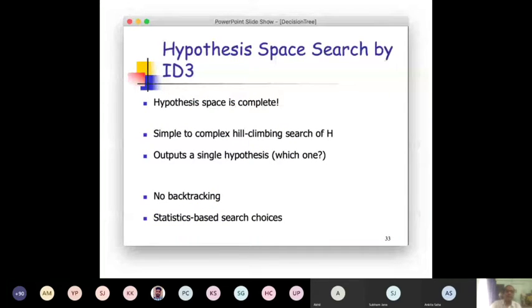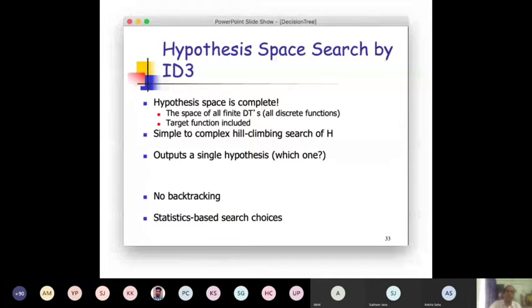So this is the ID3 algorithm's characteristics once again. The first thing is that the hypothesis space is complete, which means your target function is always included in that hypothesis space.